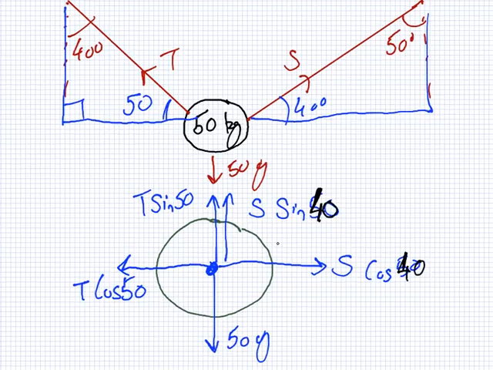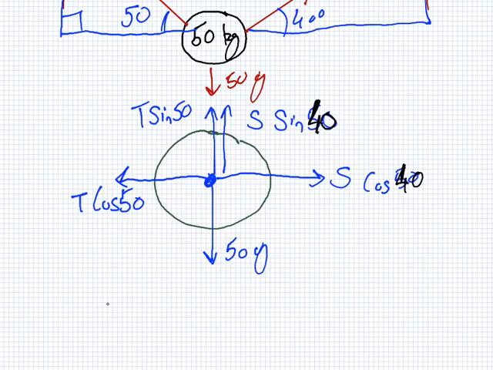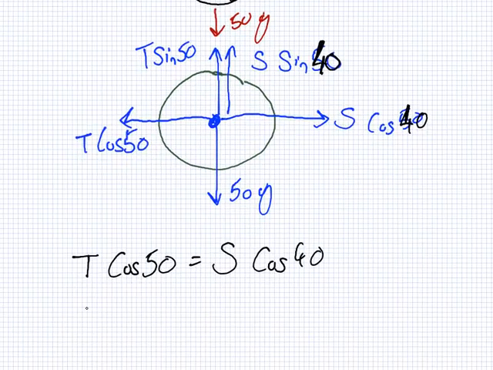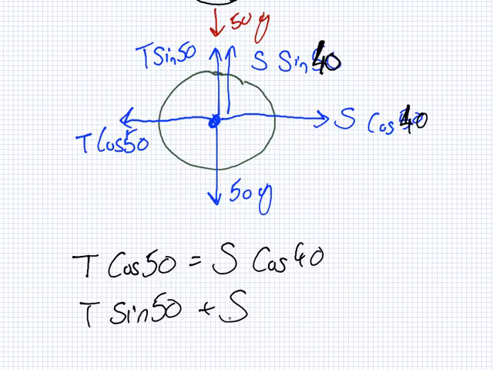Okay, so we can say T cos 50 must equal S cos 40, and also T sin 50 plus S sin 40 must equal 50G. Now, if I just take out my calculator.